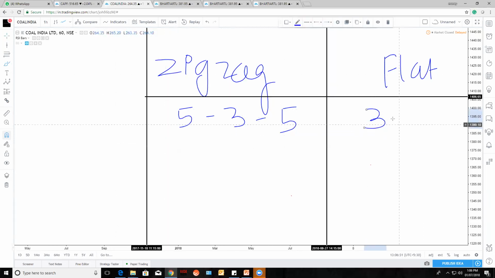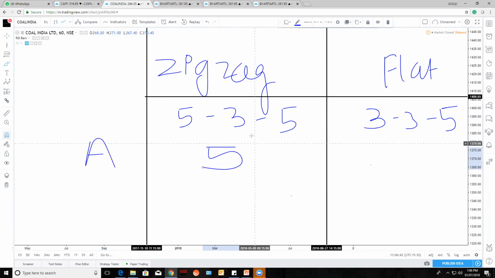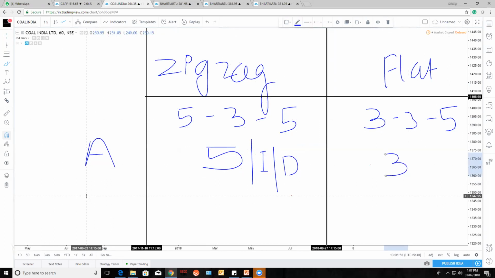Here it's a 3-3-5 structure, right? Let's say wave A is a five-wave structure internally, an impulse, or a diagonal. Here it cannot be a five-wave or a diagonal. It is only a three-wave structure.